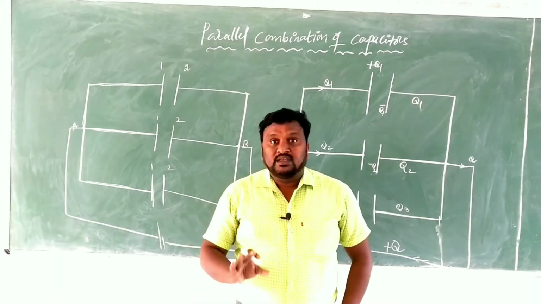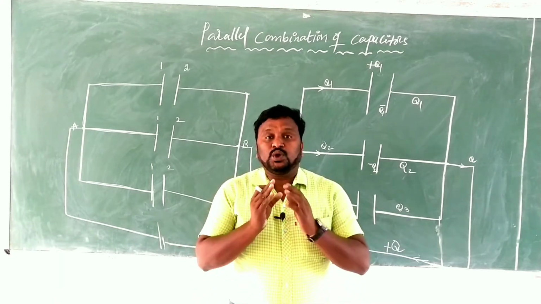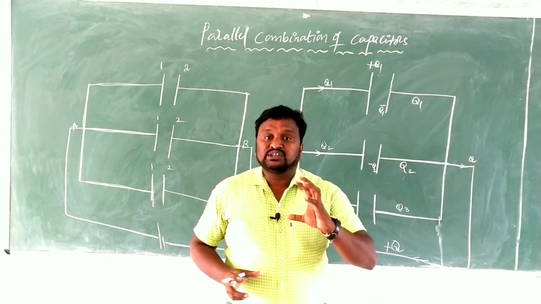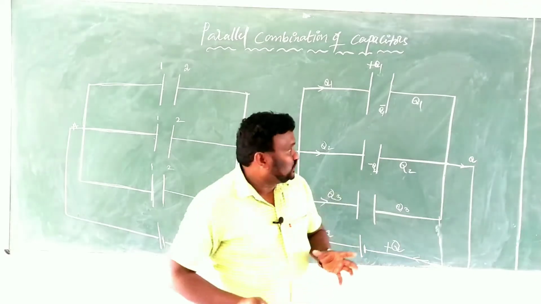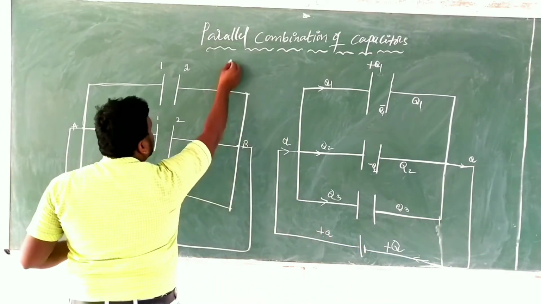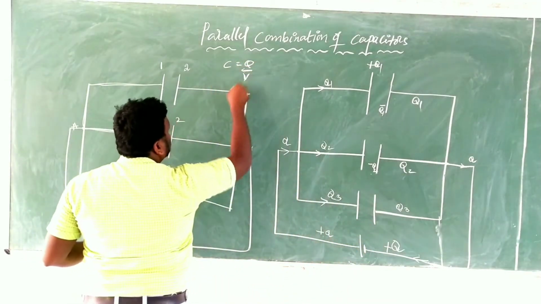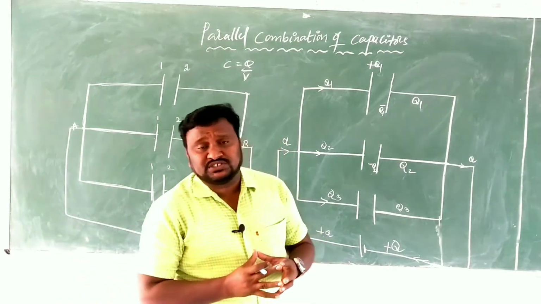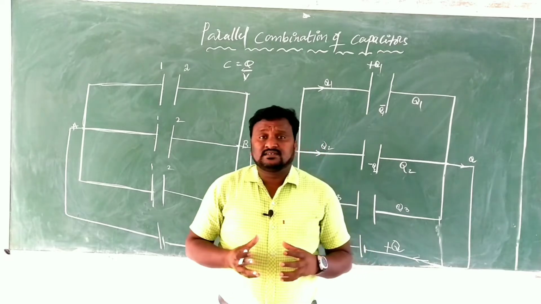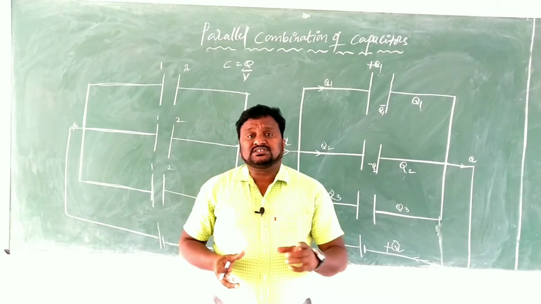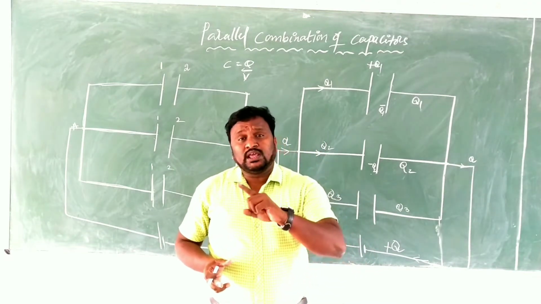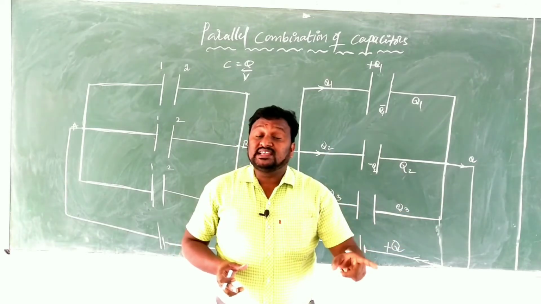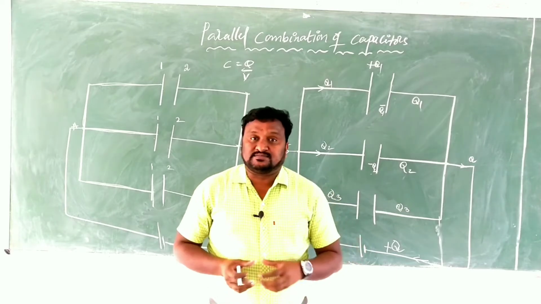In the parallel combination, you have to observe which quantity is constant and which varies. We know that C is equal to Q by V. In the series combination, what we discussed is that the charge moves in only one path and the potential varies across every capacitor.